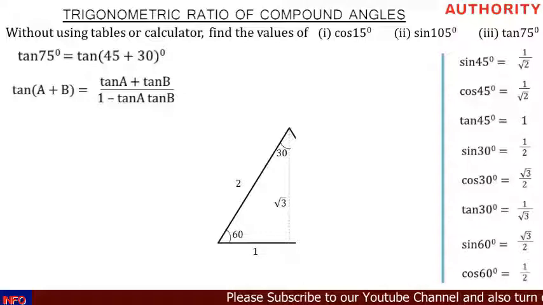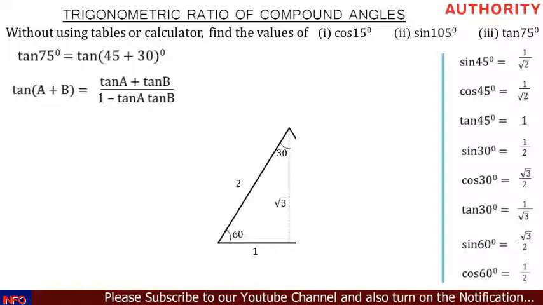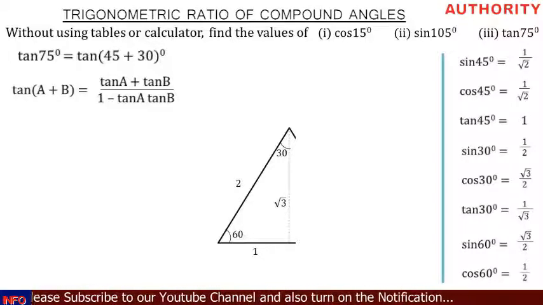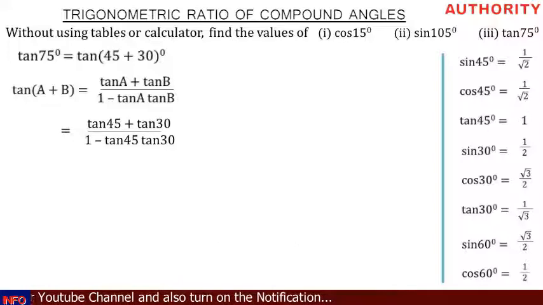So tan 30 degrees is equal to 1 all over root 3. So we have found the values for A and B. Now let's replace them properly. We say that tan 75 degrees is equal to tan (45 degrees plus 30 degrees).